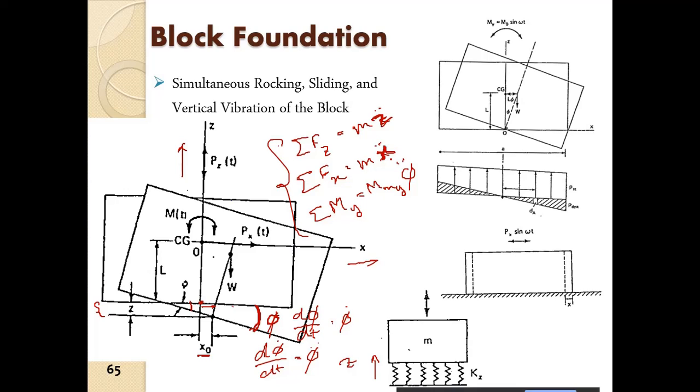Now we have to again isolate the forces and the moments. If the foundation moves in the downward direction by the settlement z, the soil will give an upward force.